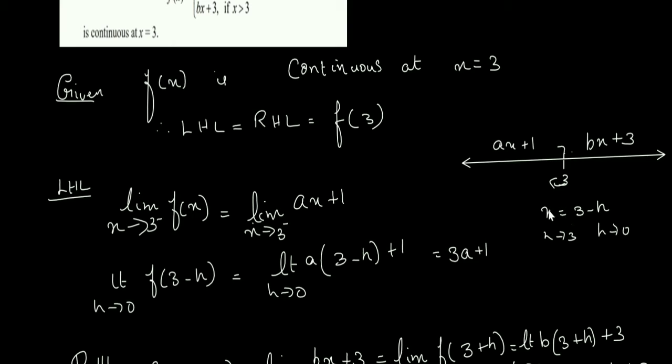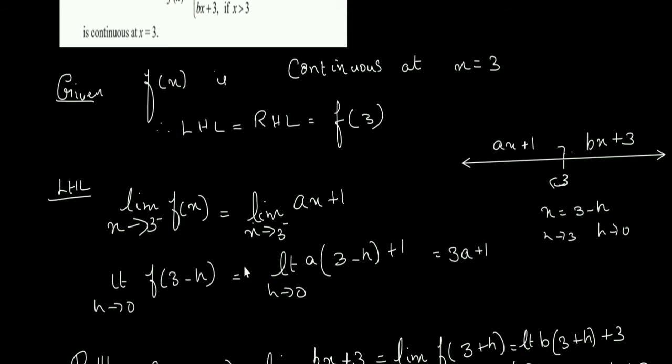So when h is 0, you will get 3a plus 1. So the left hand limit is 3a plus 1.